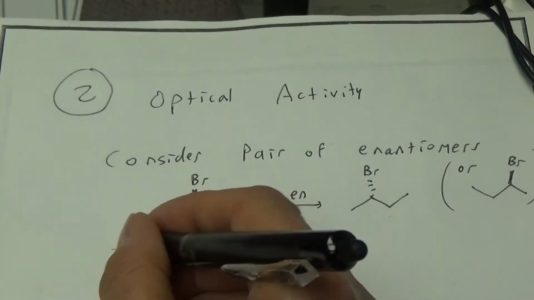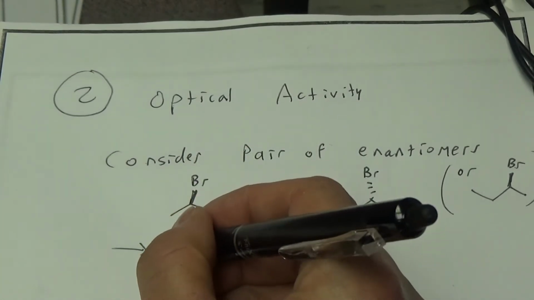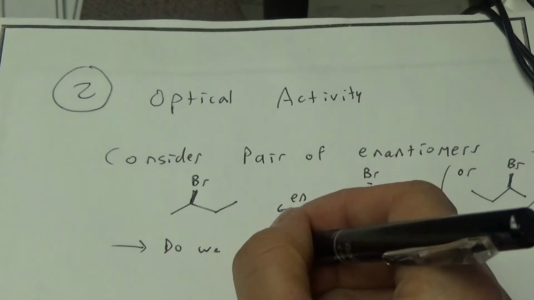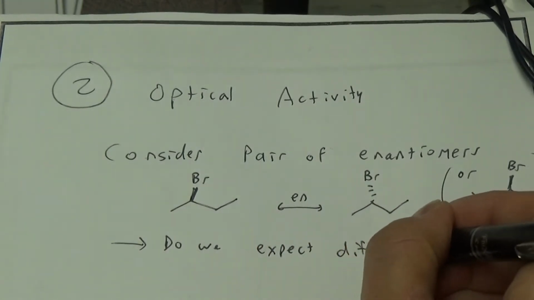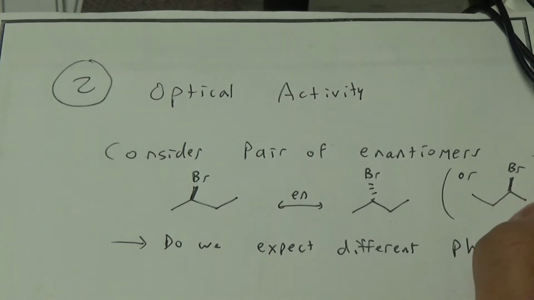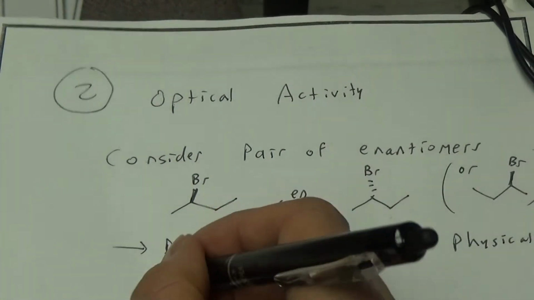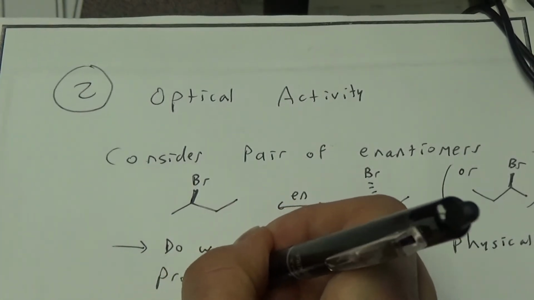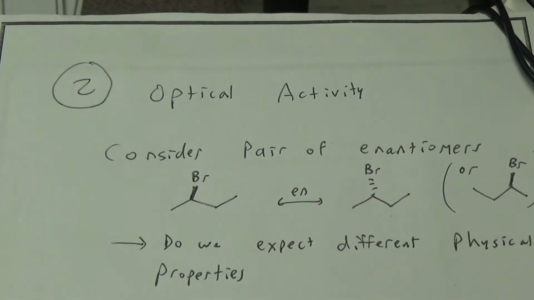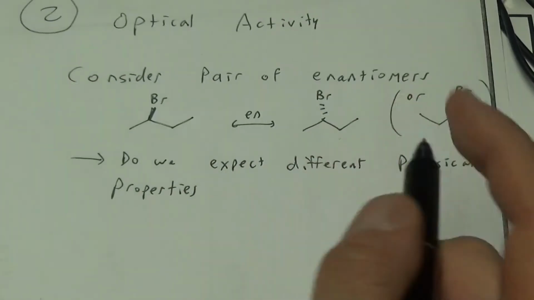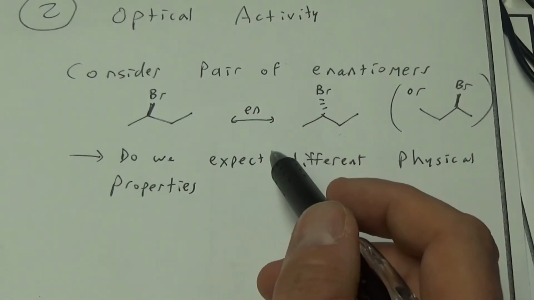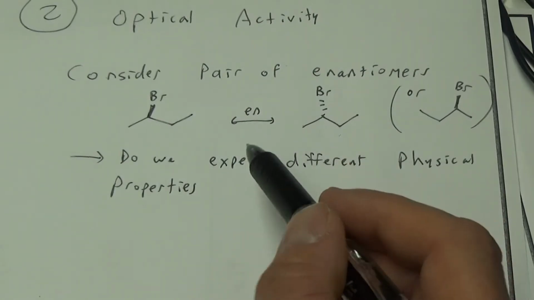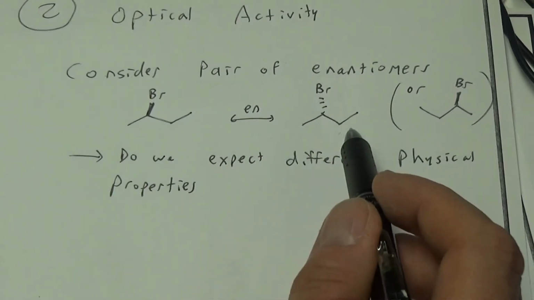Do we expect any different physical properties of those two enantiomers? If I have a bottle of this and a bottle of this, and I'm trying to analyze them and look at their physical properties, do they differ?